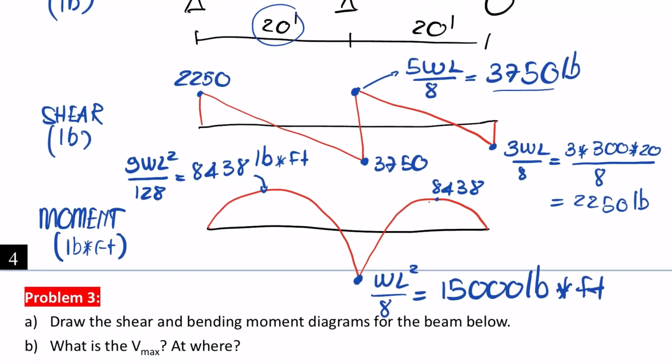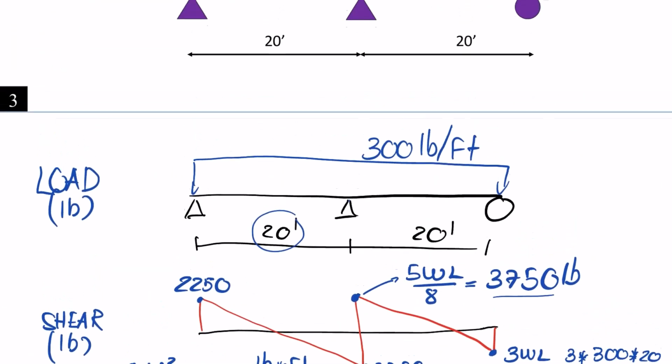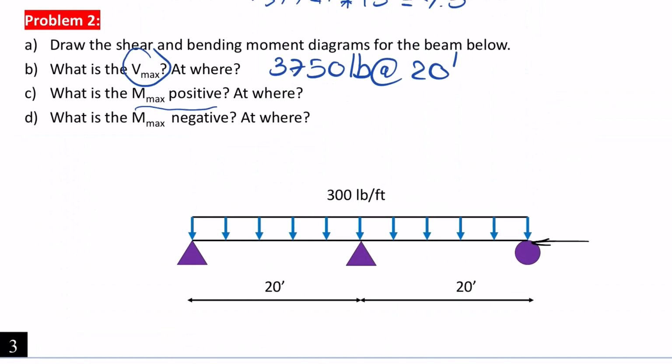Now we check the Mmax positive, which means on the top, above the beam. So the Mmax positive is 1438 pound foot at. If we want to know the location of that, we need to check the reference.